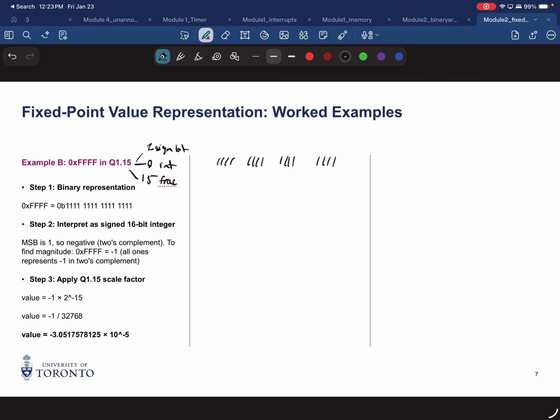Okay? So first thing I do is find that sign bit. So here, 1 is the sign bit. And then the rest of this is the fractional bits. Right? It says the sign bit is 1. That means, is it positive or negative? Negative. Perfect.